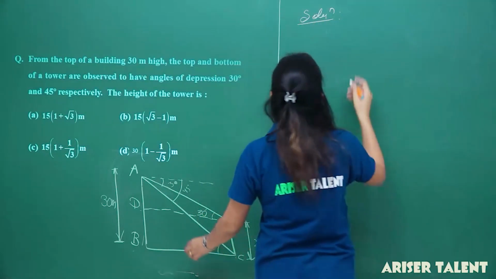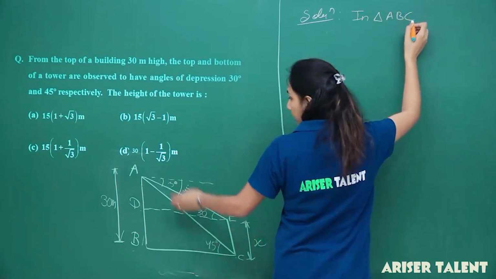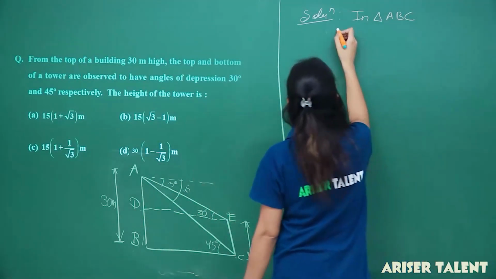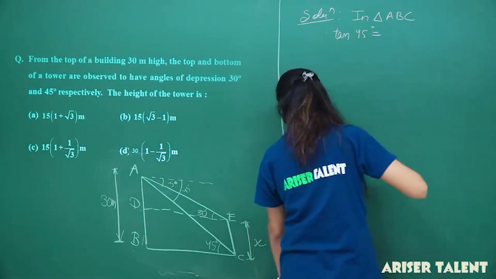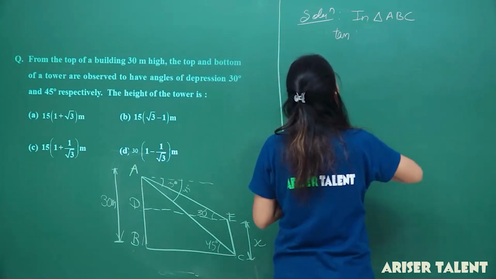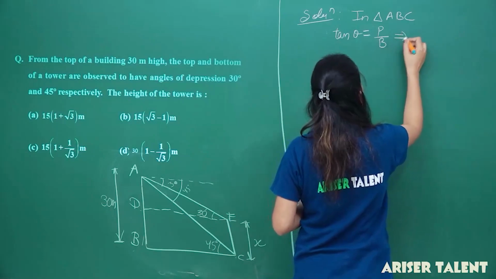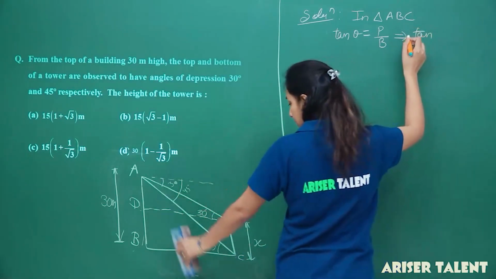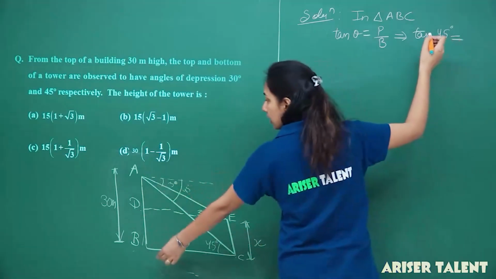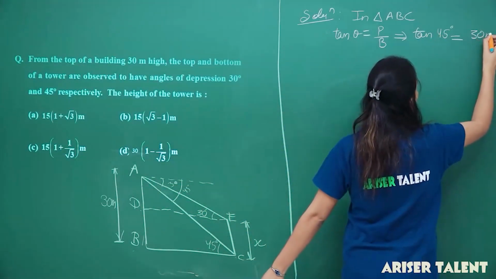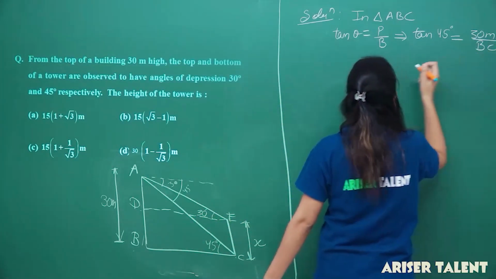In the solution part, we are taking triangle ABC. In this triangle ABC, we have tan 45 degrees equals what? Or we can say tan theta equals P by B. Theta in ABC is 45 degrees, perpendicular is 30 meters, and we have to find the base BC, which is not known.